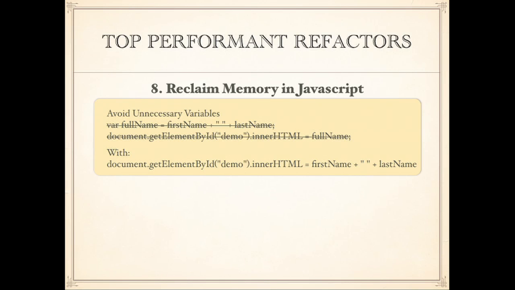Start to reclaim memory in JavaScript. The garbage collector is there at runtime to do its job, but let's not give it more work than it needs to. Don't hold on to objects any longer than you need to. Avoid unnecessary variables. Just simple refactoring is going to optimize your code.